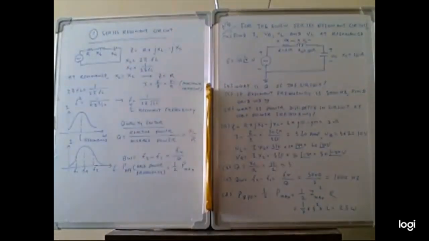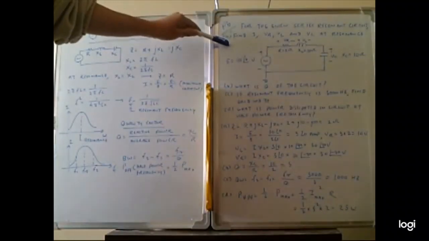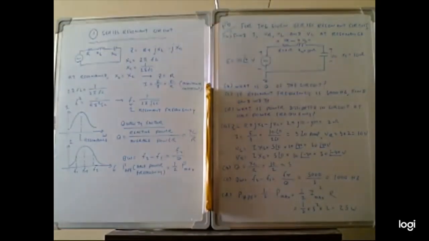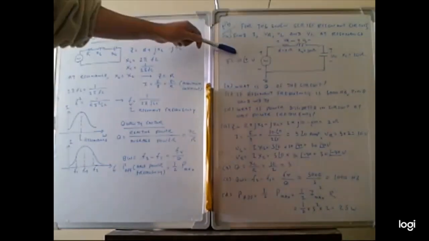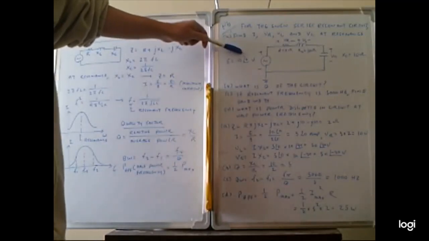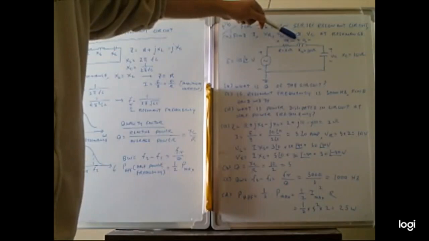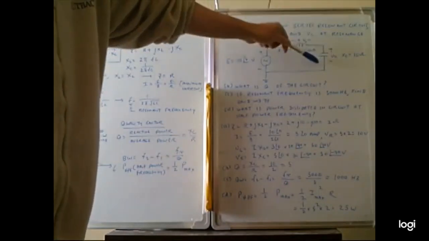This is the theory and the respective equations. Based on this theory, we are going to solve this problem. For the given series resonance circuit, we have to find I, V_R, V_L, and V_C at resonance. The supply voltage is 10 angle 0 volts, resistance is 2 ohm, inductive reactance is 10 ohm, capacitive reactance is 10 ohm.